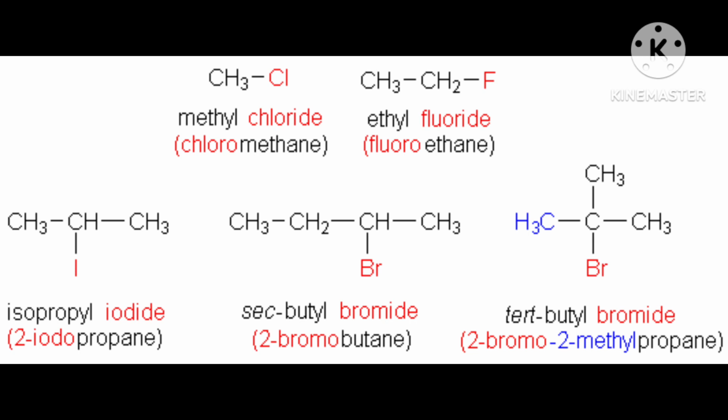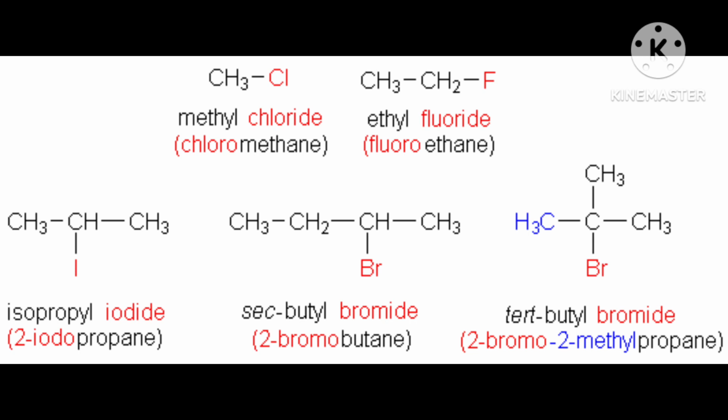The methyl is attached with the third, and this third carbon is attached with how much? Total 3, because the third carbon is attached with the fourth one, and the second one, and one methyl group is attached.